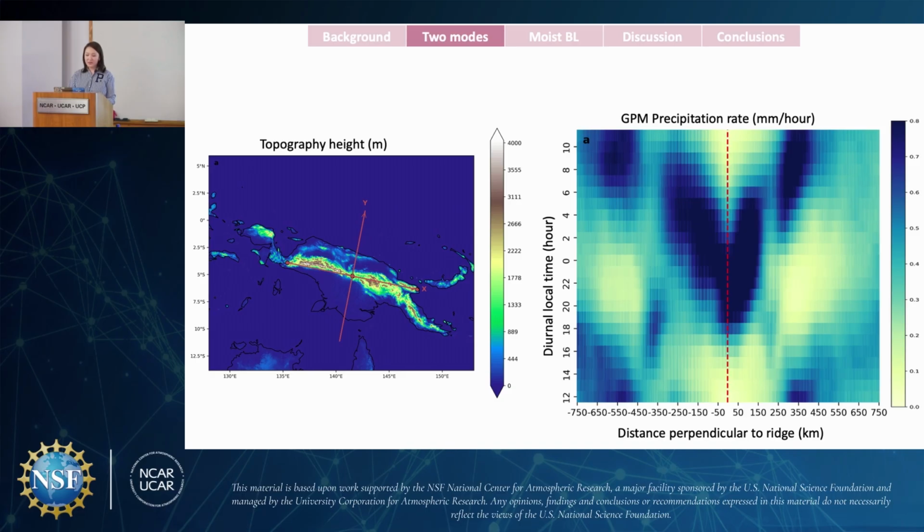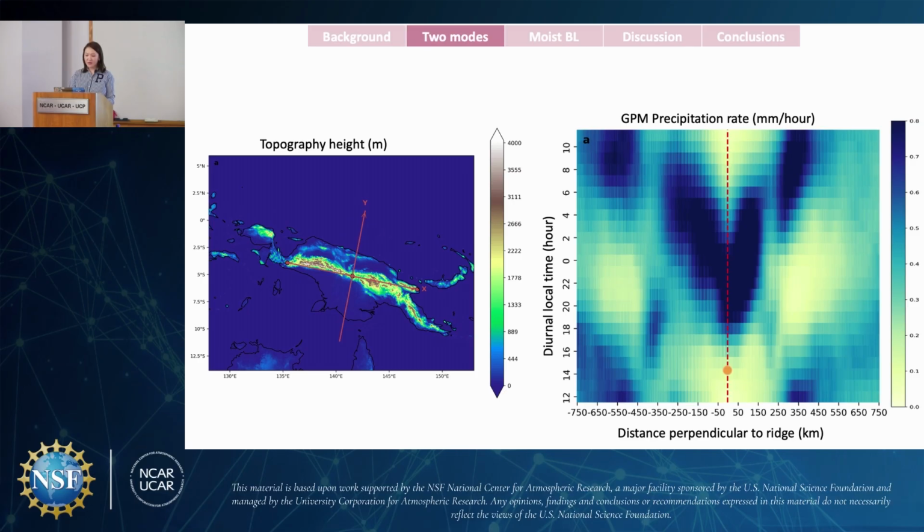We define the x-axis along the ridgeline and set the offshore direction as the positive y-axis. In the figure on the right, the Hovmöller diagram has the horizontal axis representing the distance from the ridgeline, which is the y position in the left panel. And the y-axis here represents the diurnal local time in hours.